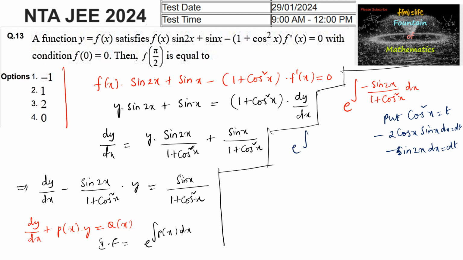So e to the power integral dt divided by 1 plus t, which is equal to e to the power of log mod of 1 plus t, that is 1 plus t. So 1 plus t is nothing but 1 plus cos square x.